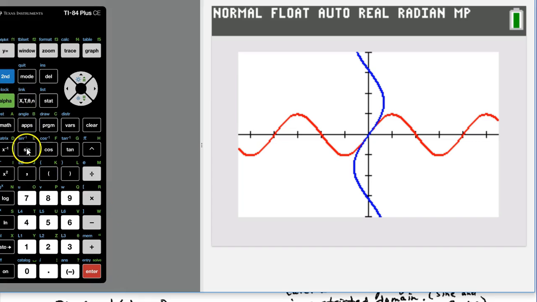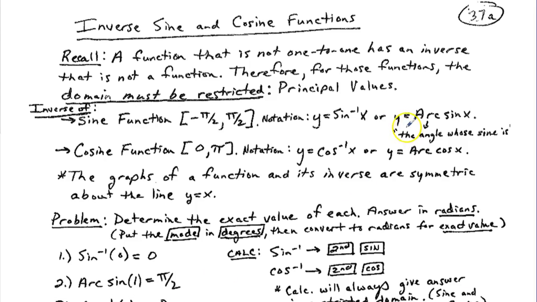You can see right here in blue to find the inverse. You're familiar with that. And then we can also say arc sine, which is said to be the angle whose sine is whatever. So it's always to find an angle. These are synonyms. Arc sine and inverse sine are saying the same thing.